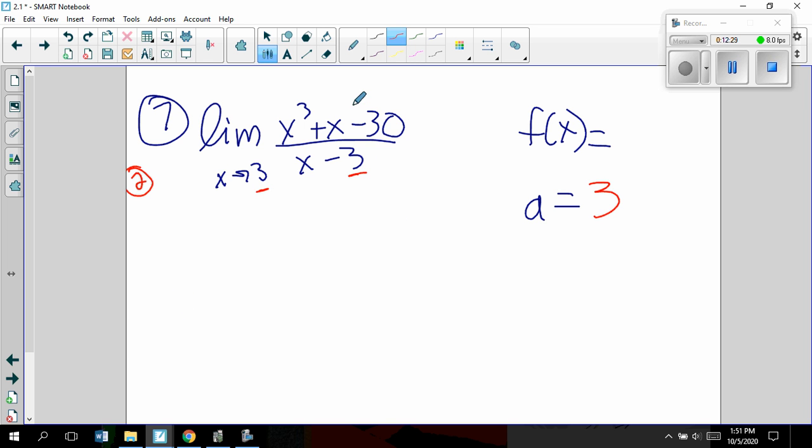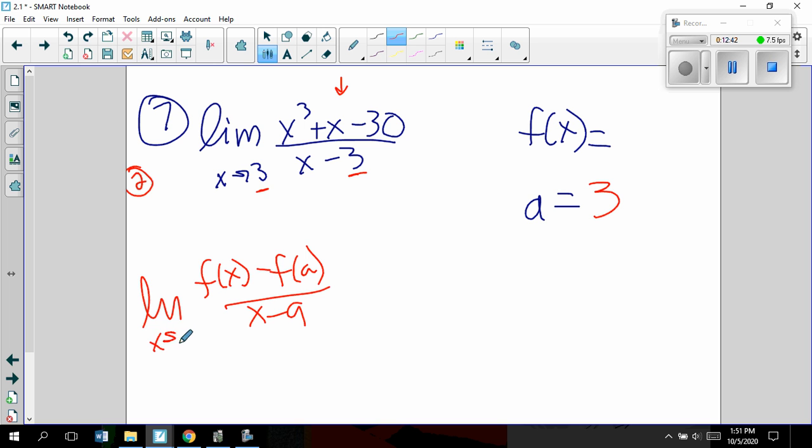Now the challenge is, what is your function, which part's the function and which part is not, because your format is supposed to be f of x minus f of a, over x minus a, limit x goes to a. Your key here is this subtraction symbol. Sometimes if you're subtracting a negative, it gets confusing, but this minus 30, that's part of your difference quotient.